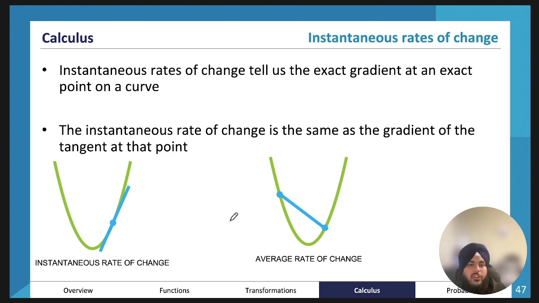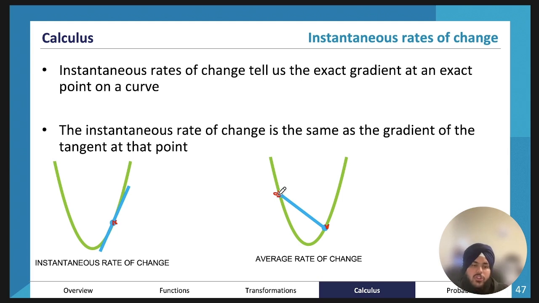So the instantaneous rate of change tells us the exact gradient at an exact point on a curve, like I've mentioned before. Before, when we were looking at the average rate of change, it was between two discrete points on the graph. Now, from the average rate of change, we've actually defined the instantaneous rate. So it's the rate of change at, let's say, this point by itself.